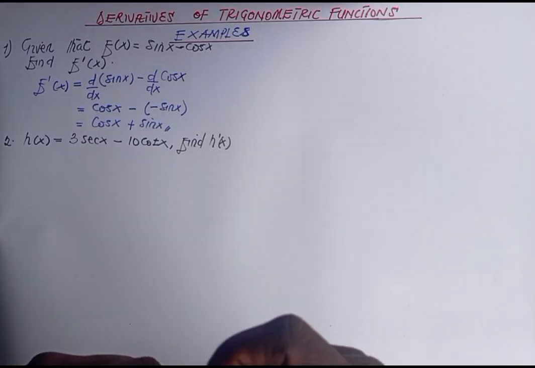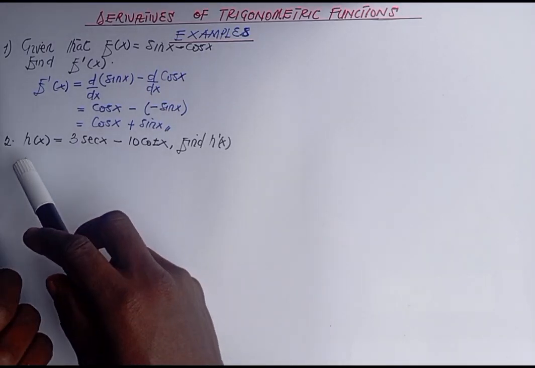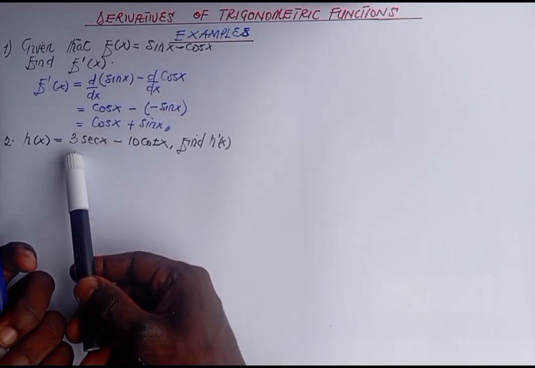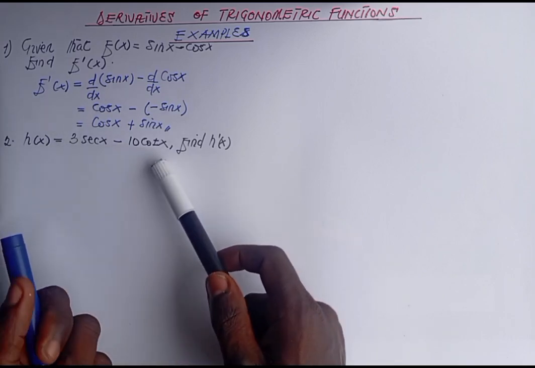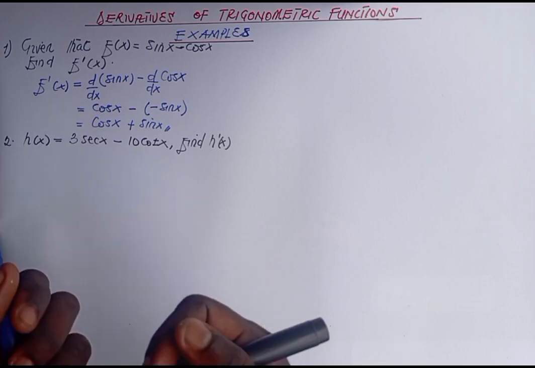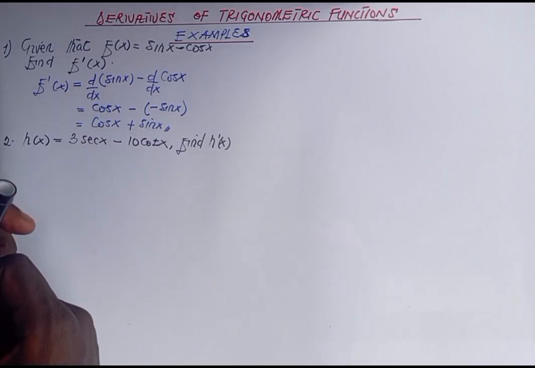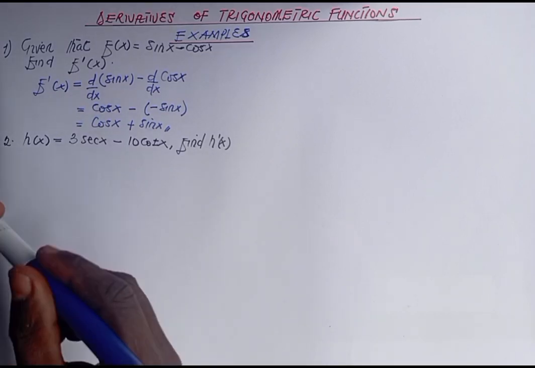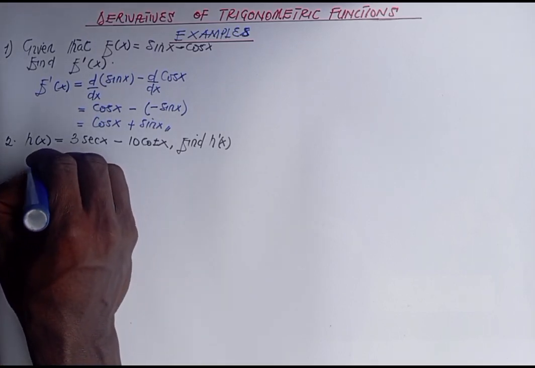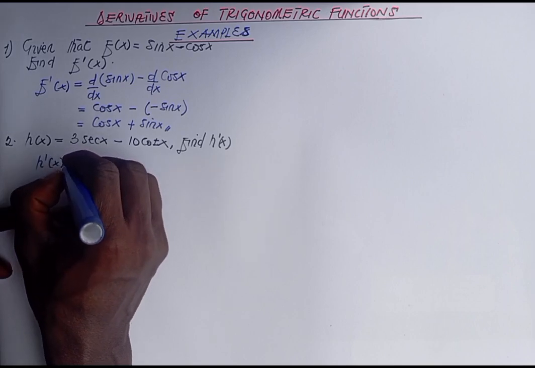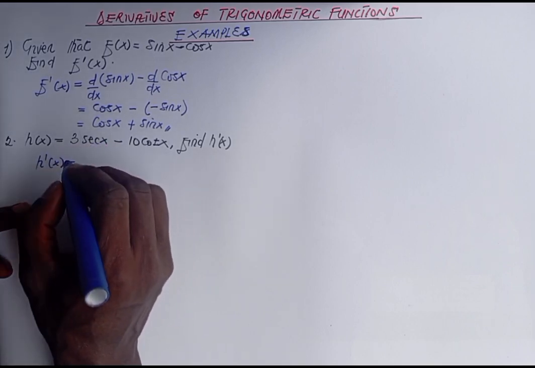So we have our next example. Given that the function h at x is equal to 3 sec x minus 10 cot x, we have to find the derivative of this very function. So very simple, the same method, the same approach. We differentiate them term-wise. So we know that our derivative h prime at x is giving us, we differentiate them term-wise.